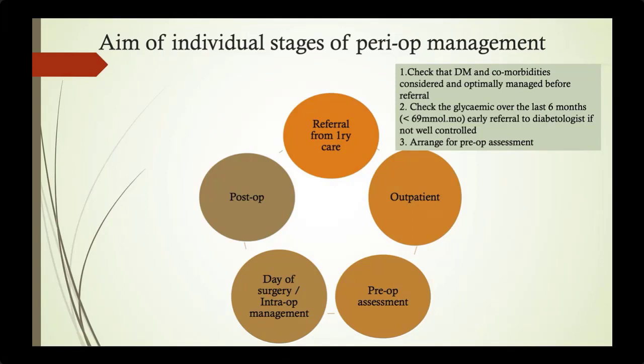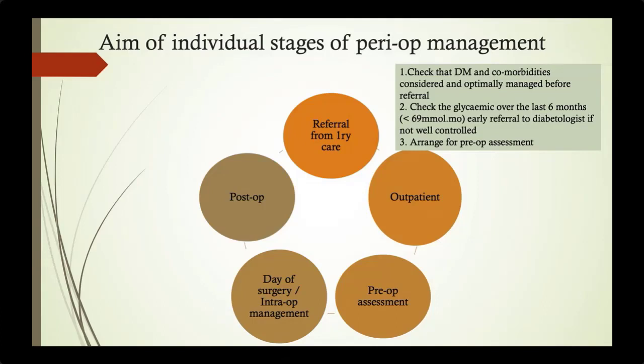Will it be the whole day, part of the day, morning, afternoon? And it should be optimally managed as well if the patient has ischemic heart disease. So all this has to be done before the patient appears in theater. And this is obviously the duty of the referring consultant, whether it is a GP or a surgeon.